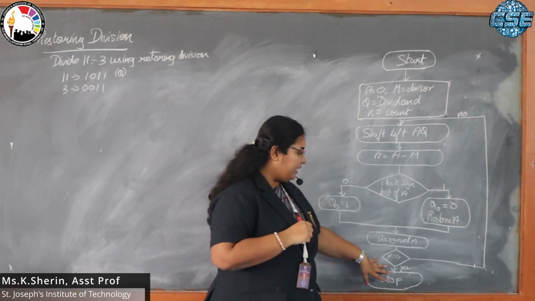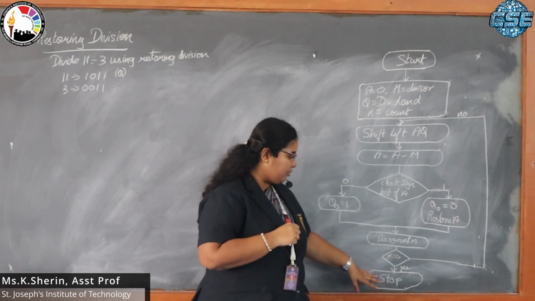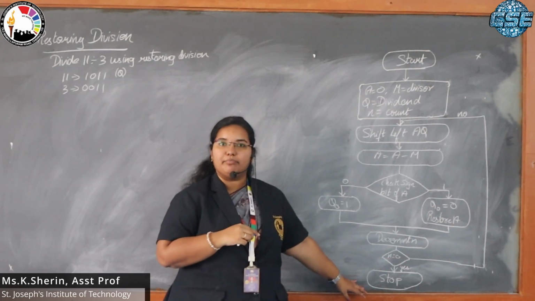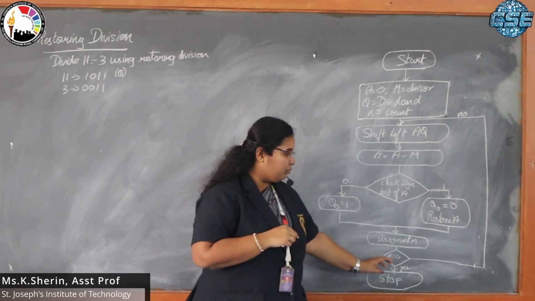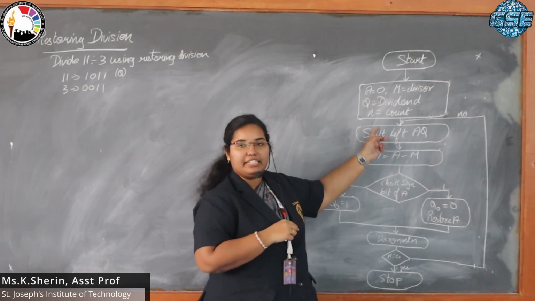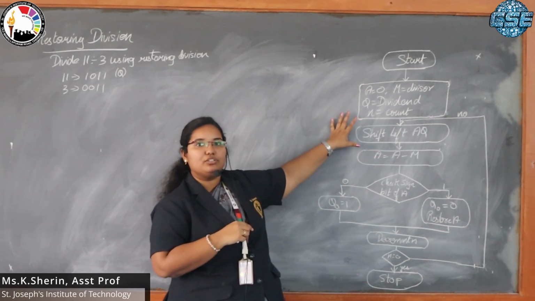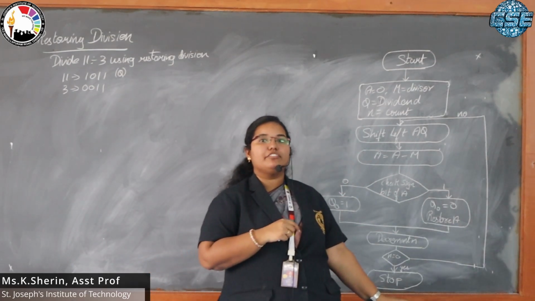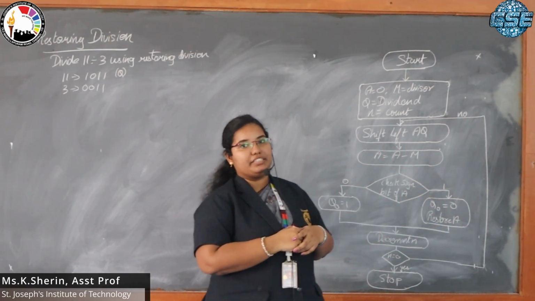So when my count register becomes 0, I am supposed to stop. Then I'll have my quotient and my remainder value over here. If it doesn't get solved, I'll go back to the initial procedure, after initialization, to shift left AQ. So this is going to be the flowchart of the restoring division part.